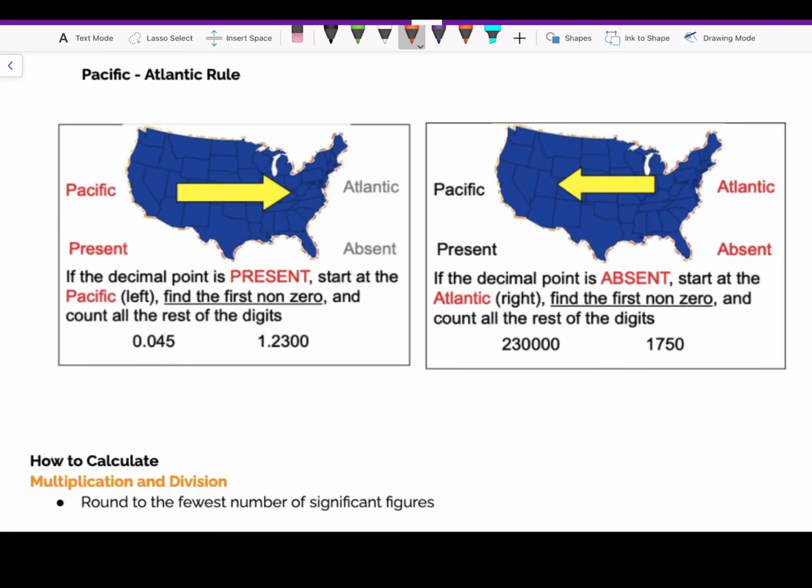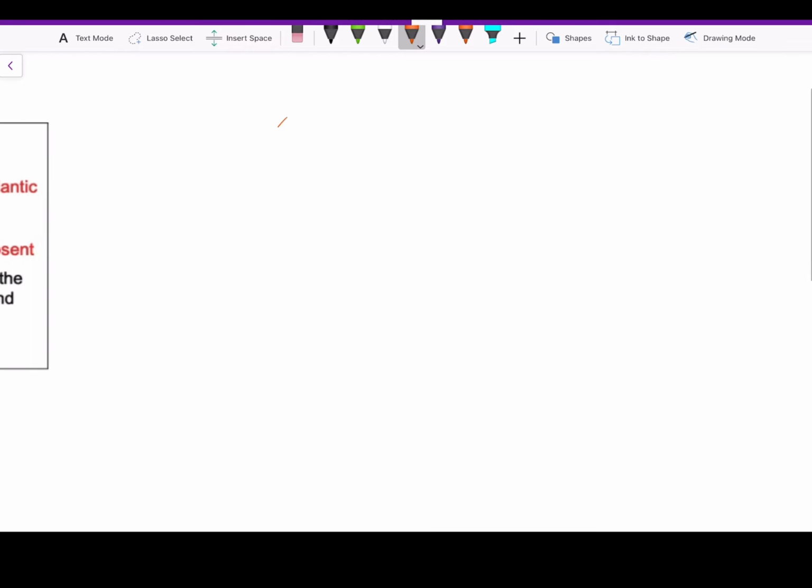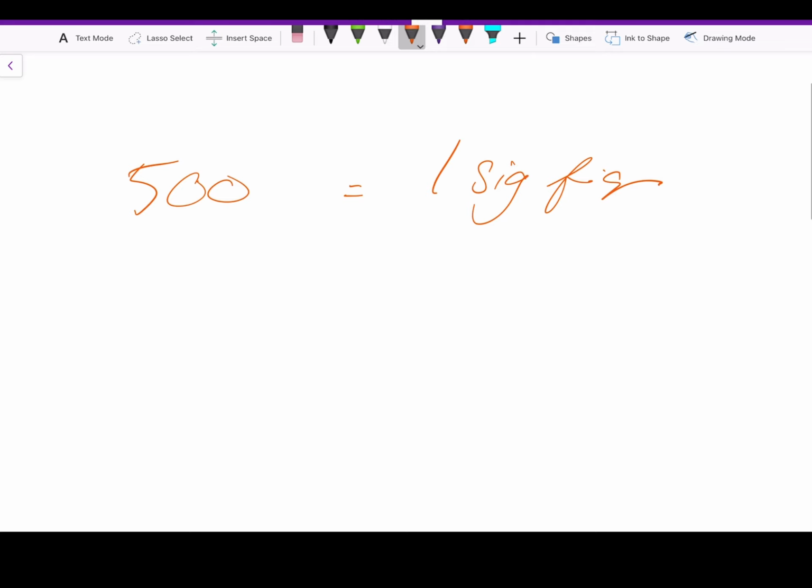Okay, next we are going to talk about how to determine how many significant figures are in a number. For example, if we were talking about the number 500, it only has one sig fig in it. How can we tell just by looking at the number how many sig figs there are?